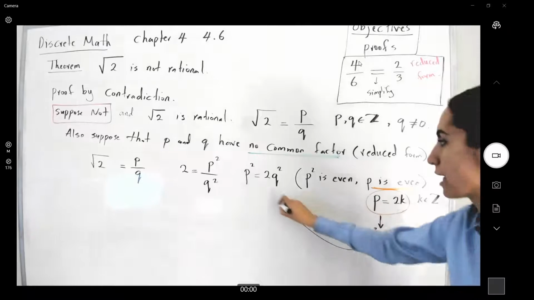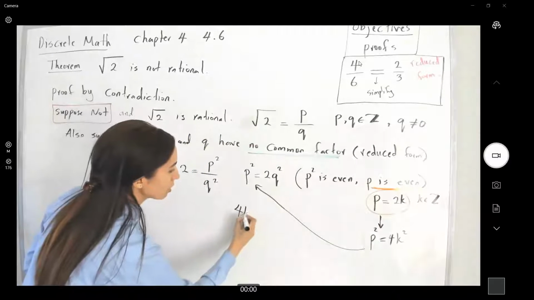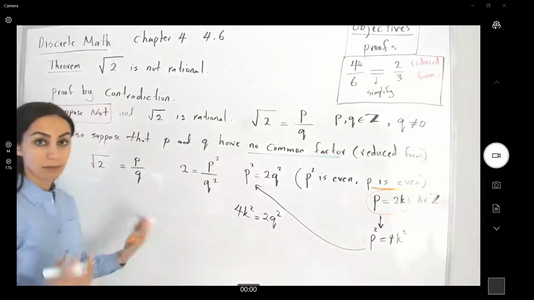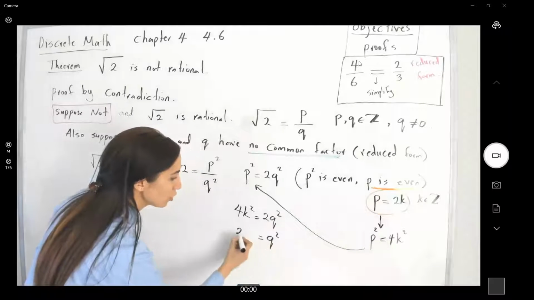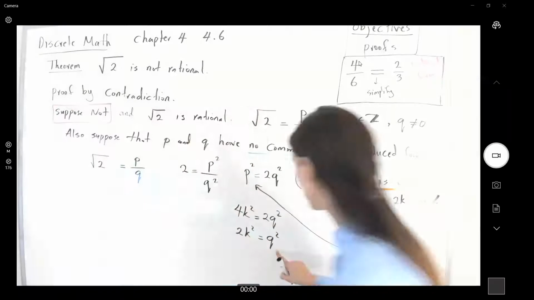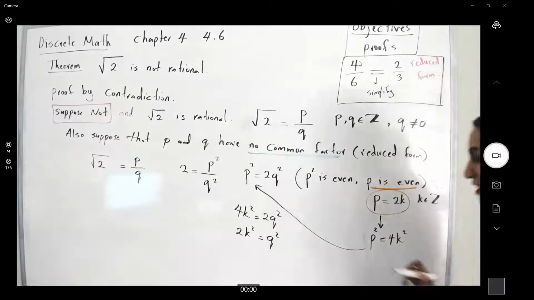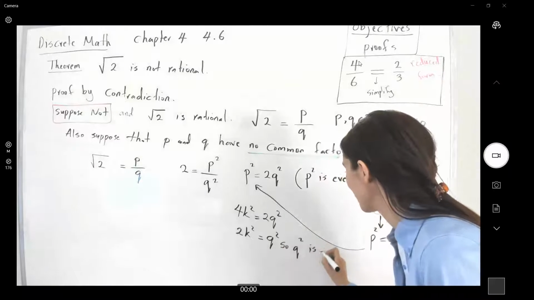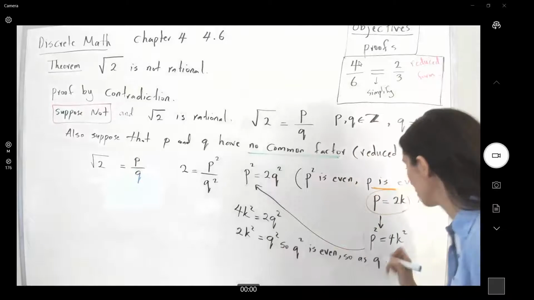I'm going to plug that in here. So 4K squared is equal to 2Q squared. What's the meaning of that? It means that Q squared is equal to 2K squared. It means that Q squared is even, so Q is even as well.